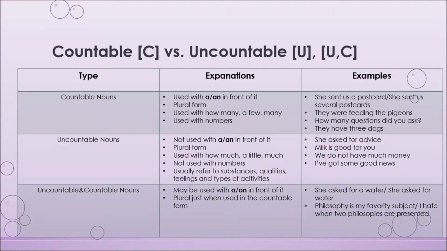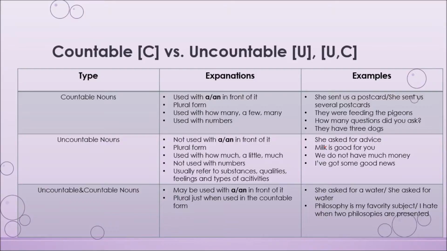But it can only be done for countable nouns, such as: they were feeding pigeons. Used with how many, a few, or many. How many questions did you ask? With numbers, they have 3 dogs.